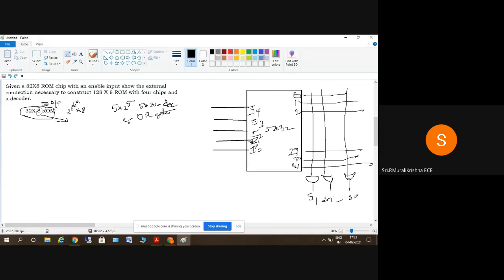This is S0, this is S1, and similarly up to S7 here. So this is the normal 32 into 8 ROM.